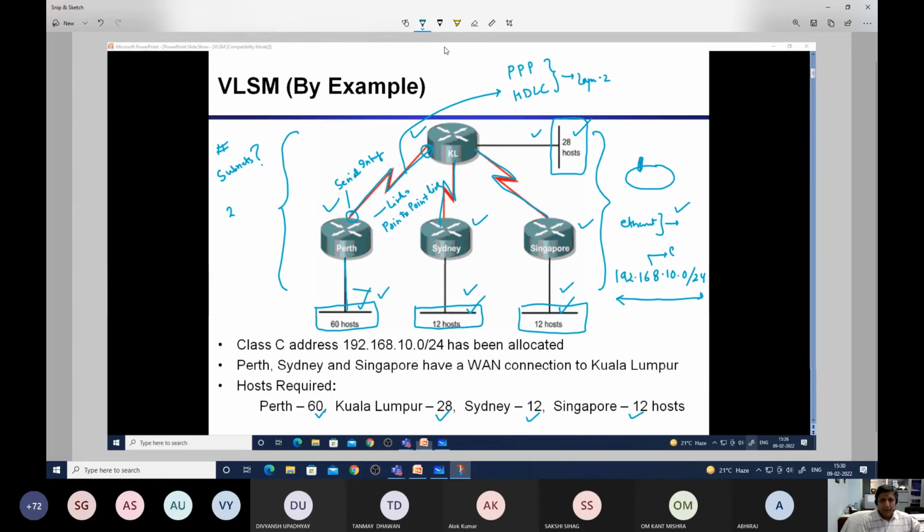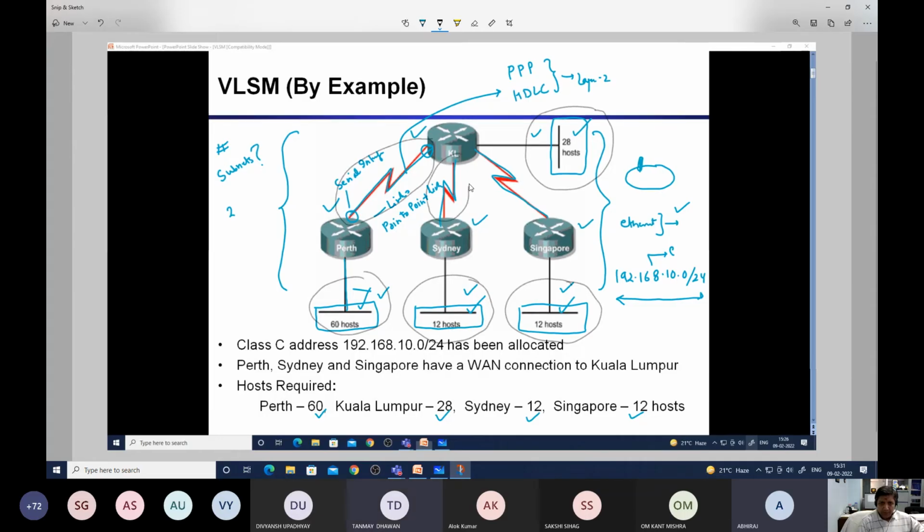This is one subnet. Okay. 1, 2, 3, 4. Okay. Then, No sir, one at the Perth end, one at the Sydney end, one at the Singapore end. Then those three connections, so you are saying Kuala Lumpur. These are also subnets. Okay.